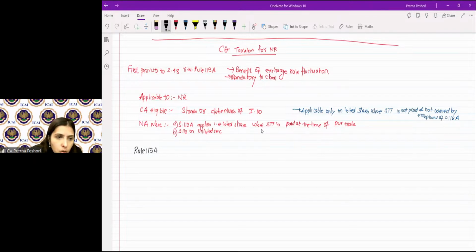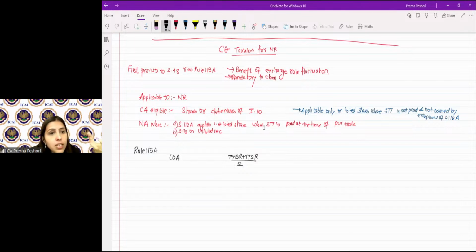So the cost of acquisition, you will first convert it using the average of TTBR plus TTSR as on the date of the acquisition. So first you will calculate the capital gain in the foreign exchange.